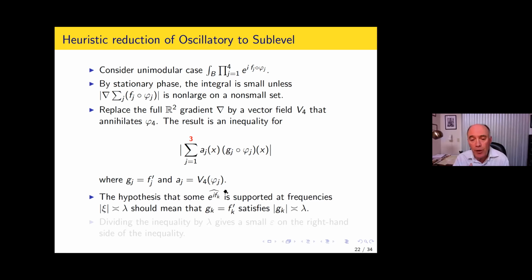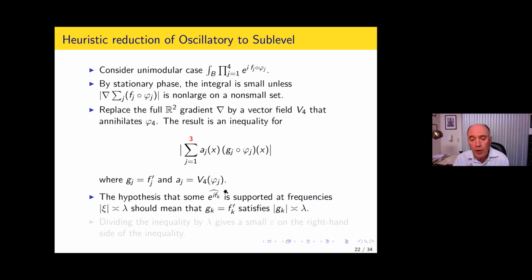So the functions that arise in the sublevel problem are roughly derivatives of the logarithms of the original functions. And the Fourier localization hypothesis that I start with becomes a largeness hypothesis on one of the summands here, which, as we've seen, is exactly what we should need for a sublevel set bound.